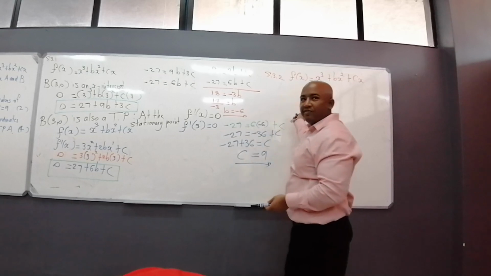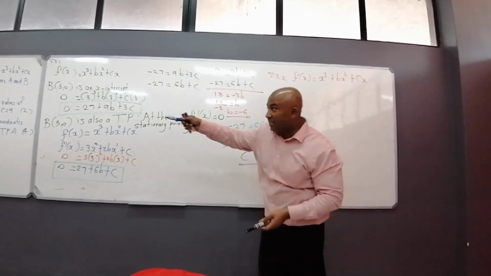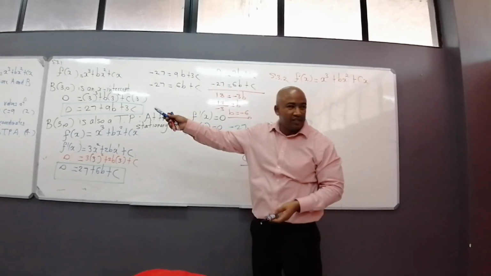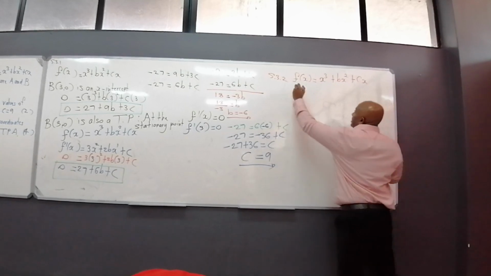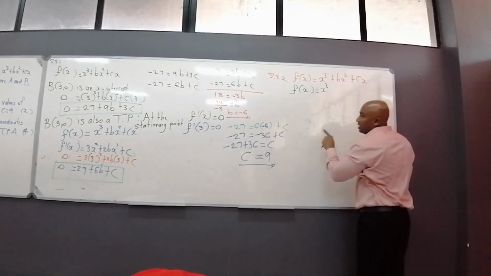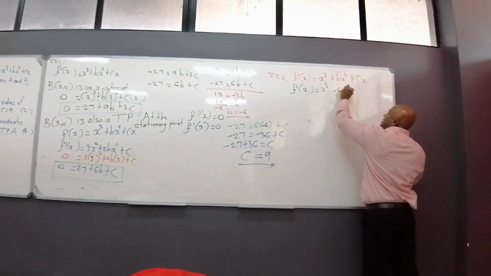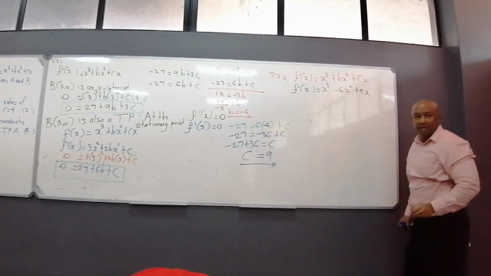Does that mean you're going to get 5.3.2 wrong also? No, because they already gave you the answer for 5.3.1. Can you see that? So you're going to substitute here. So my f of x is equal to x cubed, my b is minus 6, and my c is 9. Are you clear with that?